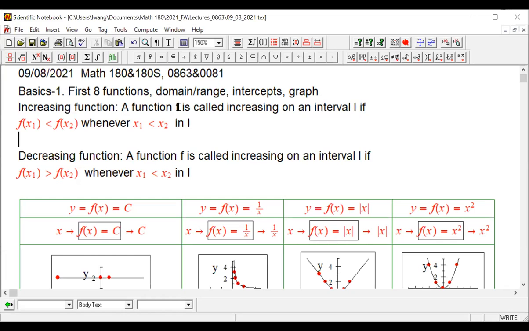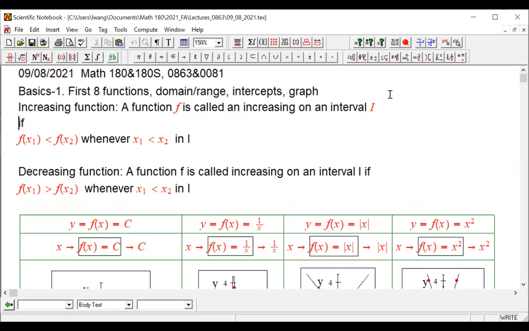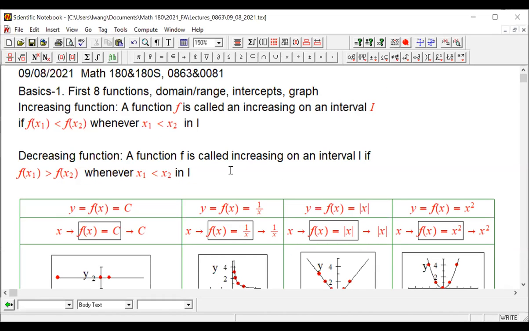So now a function is called an increasing function on an interval I, if, okay, and once again, in comparison with the definition of one-to-one function, which has to be on the entire domain, right?